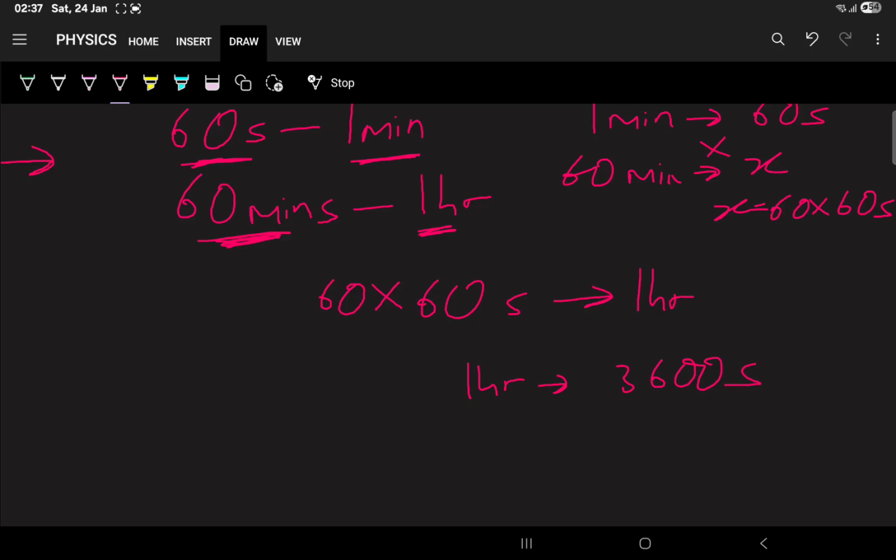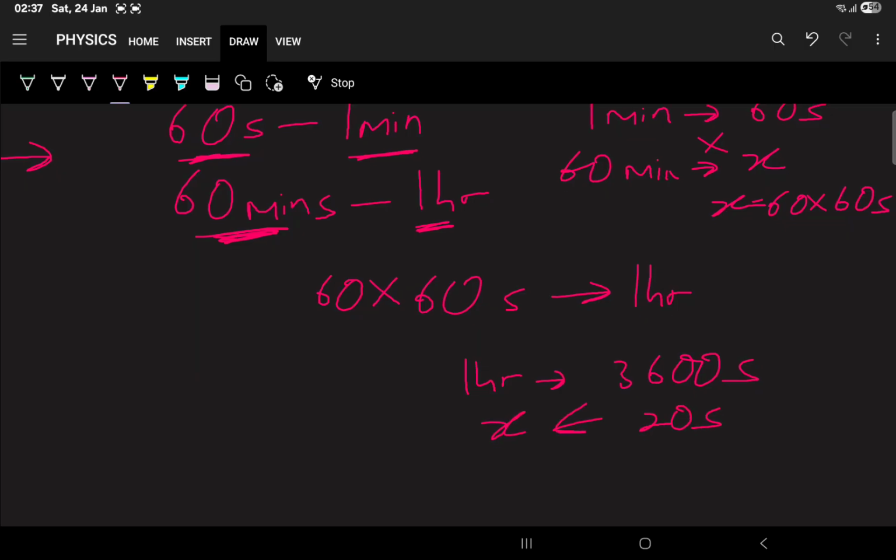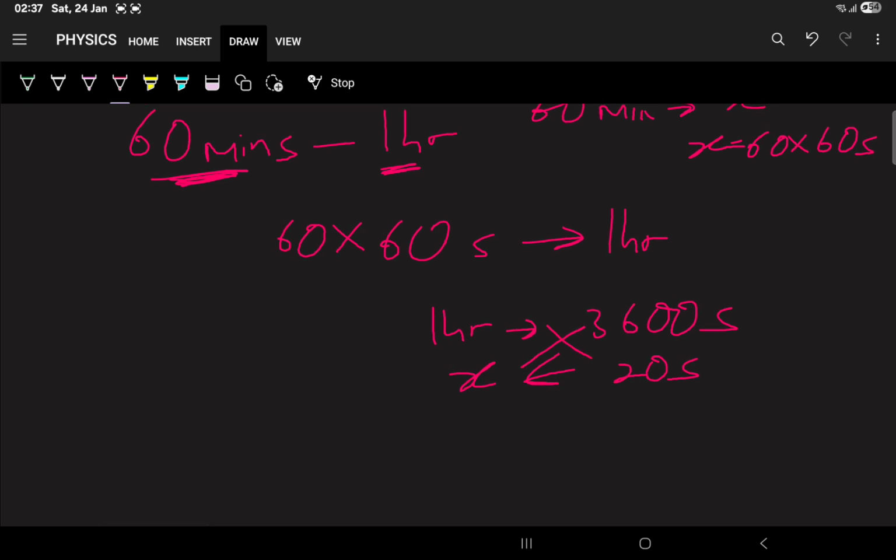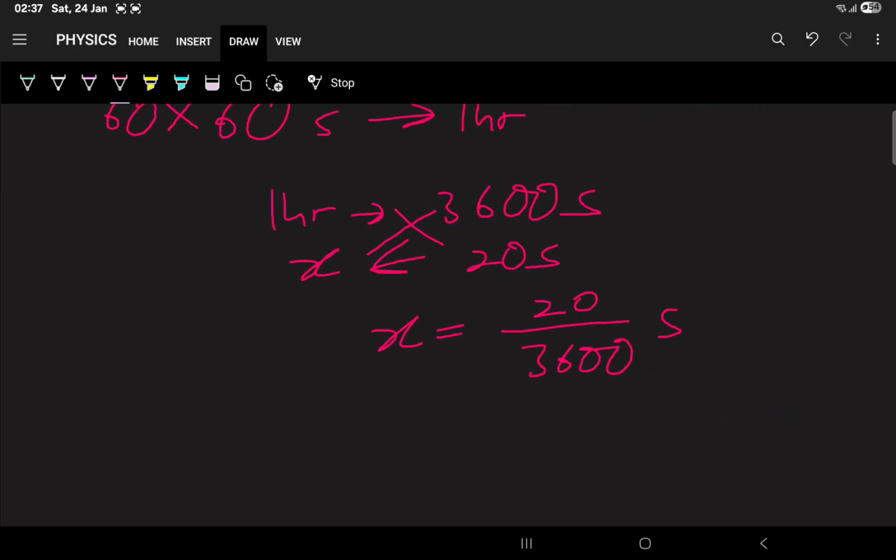Now we're trying to convert 20 seconds to hour. Therefore in 20 seconds, how many hours will we have? We're going to have 20 divided by 3,600 hour.